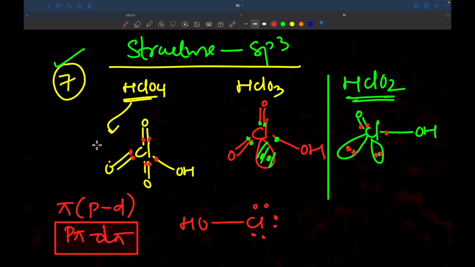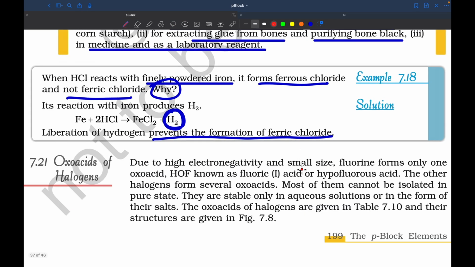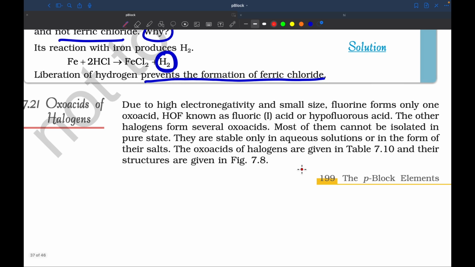So p pi d pi pi bonds are 3 here, 2 here, only 1 here, and the number of pi bonds here is 0. Okay. Yeah, we'll see this one here.